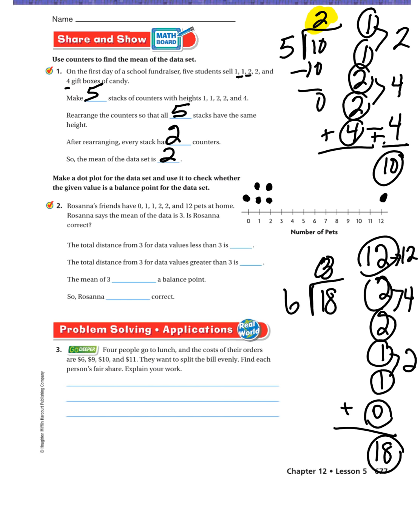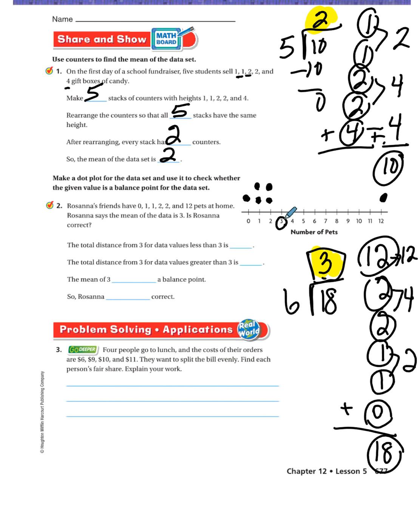So we're looking at the answer here for the mean. Whoops, used the wrong tool. We're looking for the number here, which is the average or mean, which is 3. So is Rosanna correct? Yes, she's correct. So the total distance from 3, I'm going to go ahead and circle 3 there just so I can remember that's the mean.